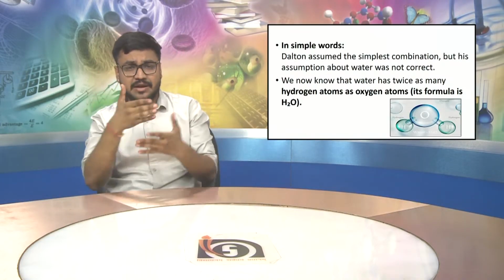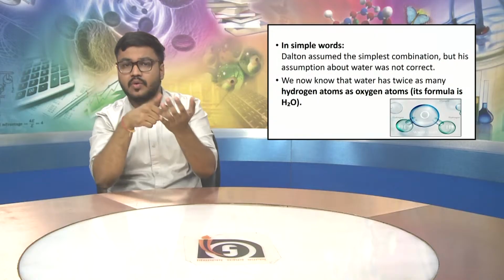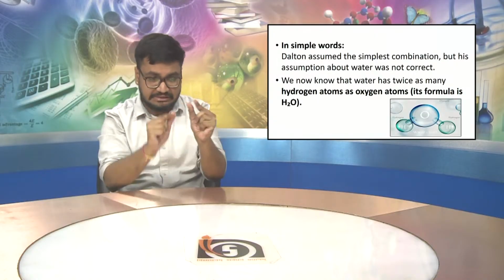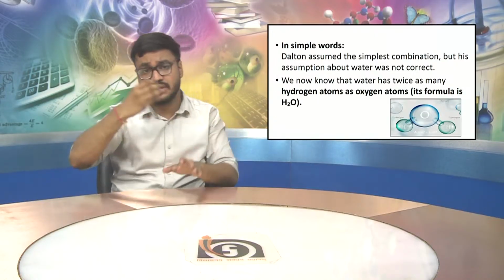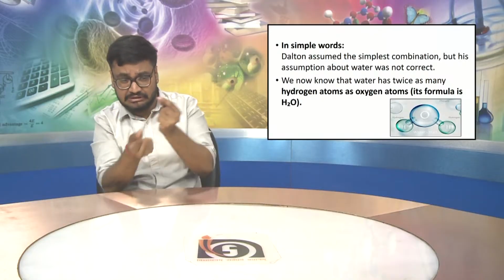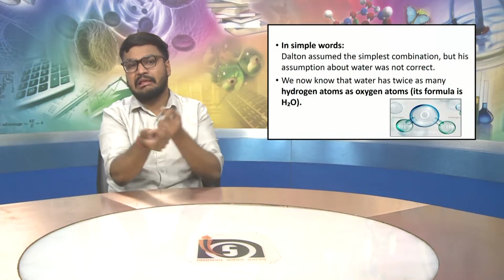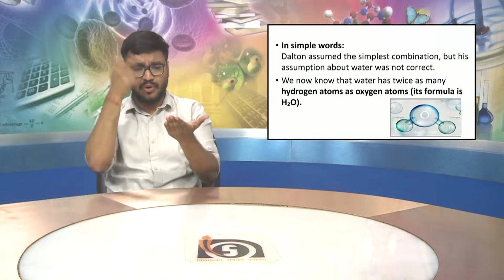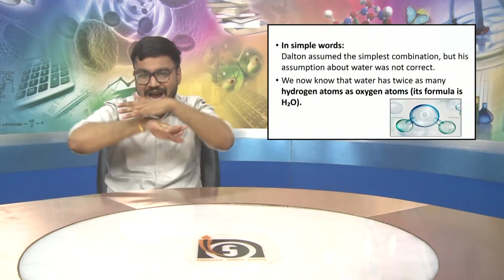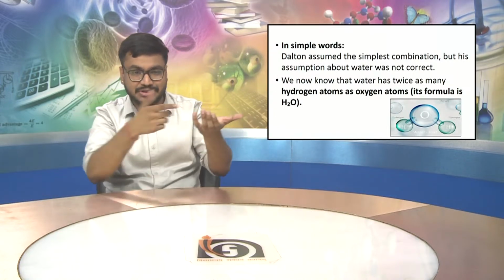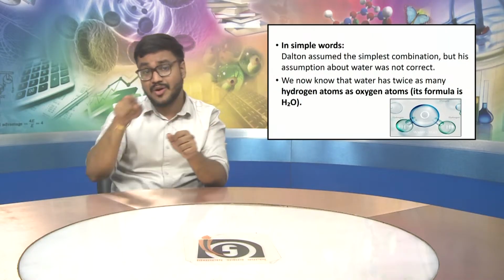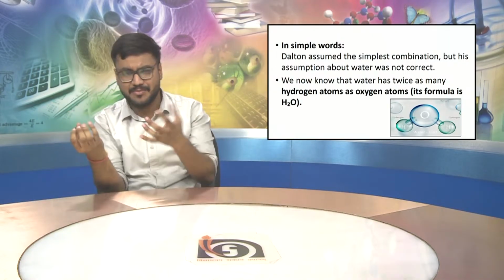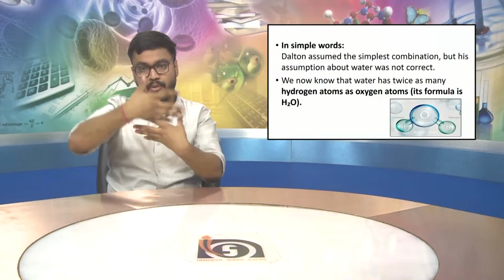In simple words, Dalton assumed the simplest combination, but his assumption about water was not correct. Because we know that water has twice as many hydrogen atoms as oxygen atoms.